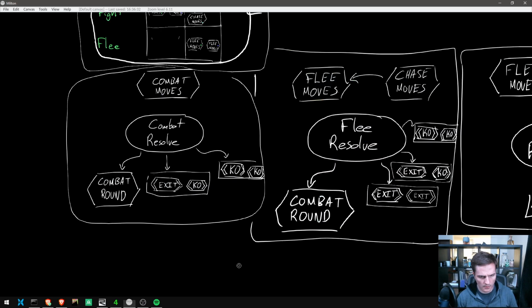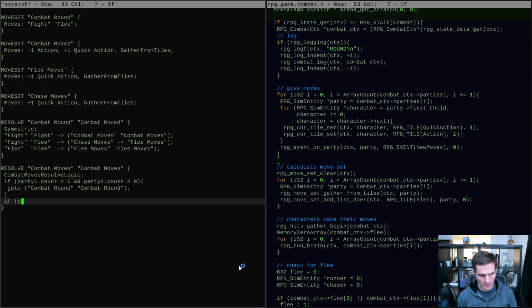If party1.count is greater than 0 and party2.count is equal to 0, go to exit KO.